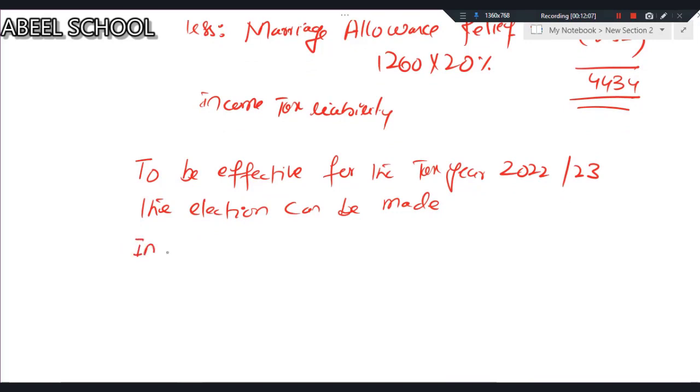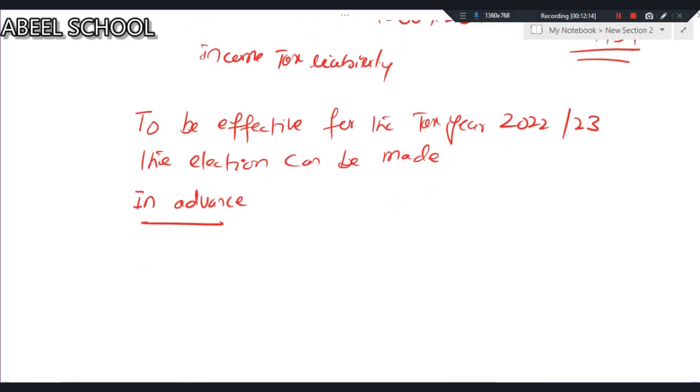In advance, there are two possibilities. Either you can make the election in advance, or you can make the election in arrears. In advance, the first point is by 5th April 2023.